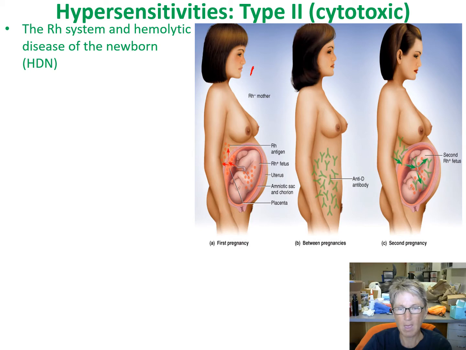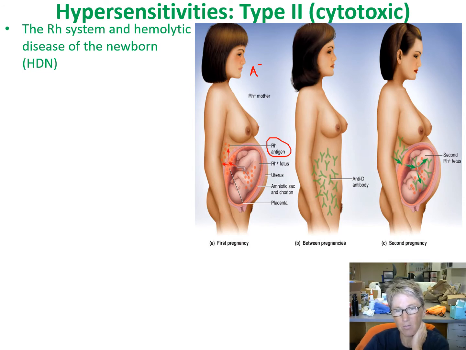If you're A negative, that means your red blood cells have the A antigen, but no RH antigen on them. There's no RH antigen. And the RH factor or antigen is sometimes called the D antigen. I don't know why they do that, but that's the way they do it.